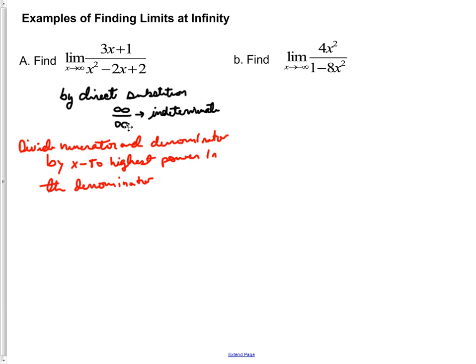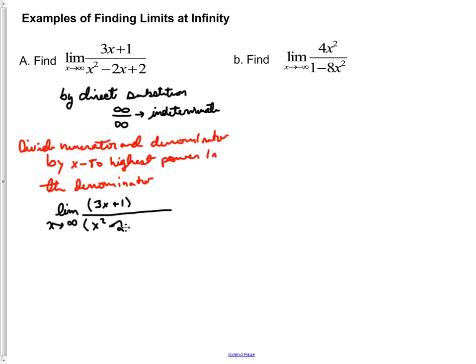There is a rule that says that if you have a fraction, you can multiply the numerator and the denominator by the same value, which is equivalent to multiplying the fraction by 1, which doesn't change it. So if I have 3x plus 1 in the numerator, and x squared minus 2x plus 2 in the denominator, watch what I'm doing here.